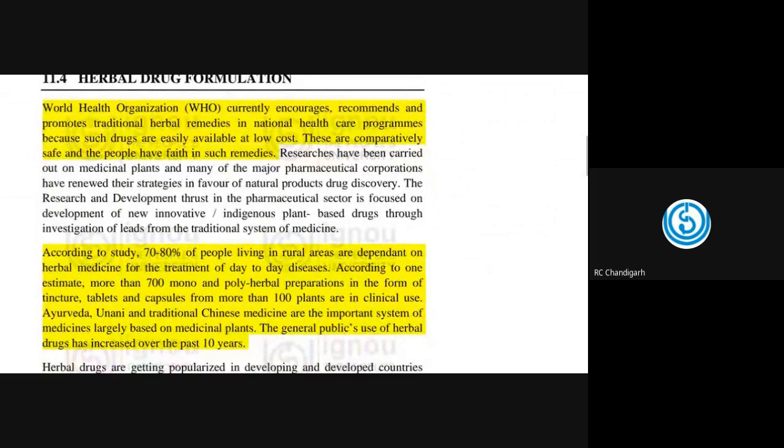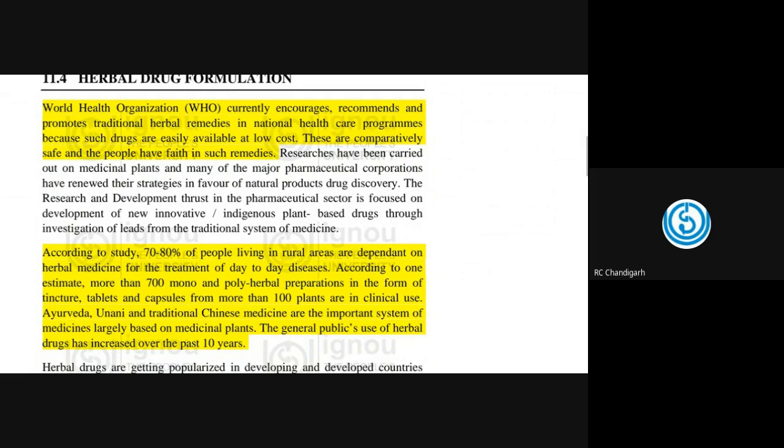According to a study, 70 to 80% of people living in rural areas are dependent on herbal medicine for the treatment of day-to-day diseases. According to one estimate, more than 700 mono and polyherbal preparations in the form of tincture, tablets, and capsules from more than 100 plants are in clinical use.